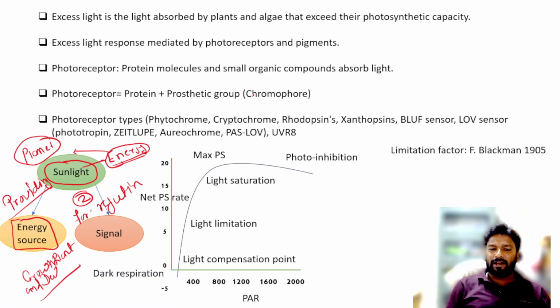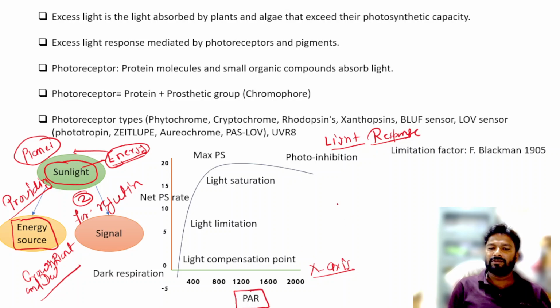Now we'll talk about the light response curve. So friends, this is a light response curve. In this curve, on the x-axis there is PAR, that is known as photosynthetically active radiation.